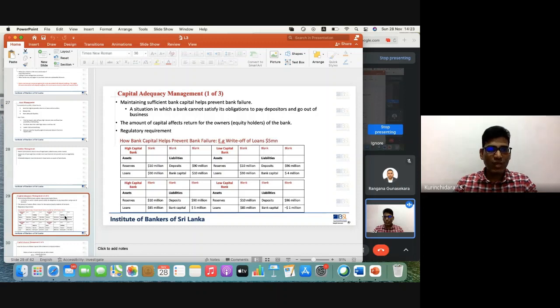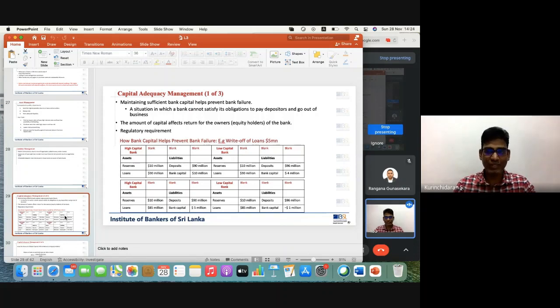The next one I'm going to see is capital adequacy management. The bank is always very serious about capital adequacy, right? They should have a proper discussion on capital adequacy. Once you miss that, definitely that is recorded everywhere globally.